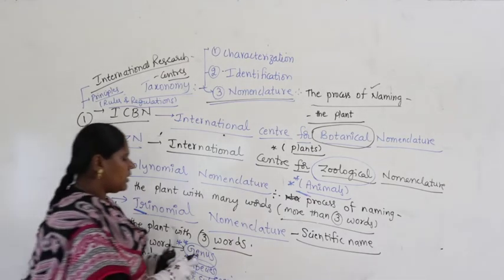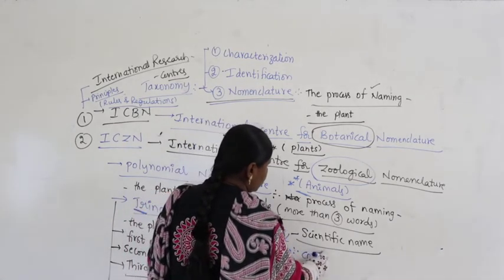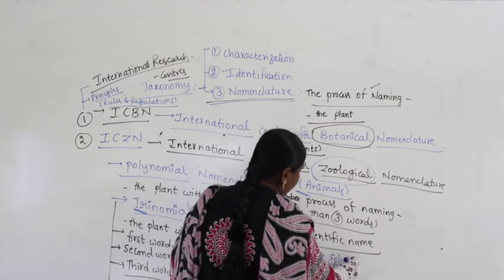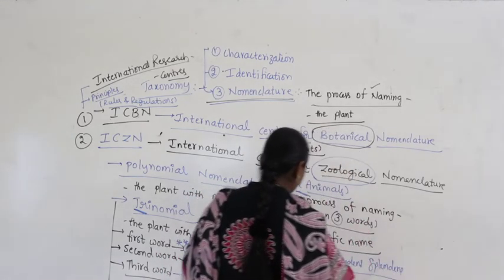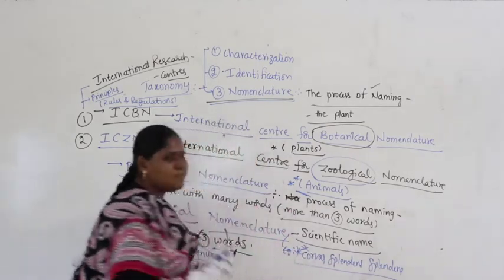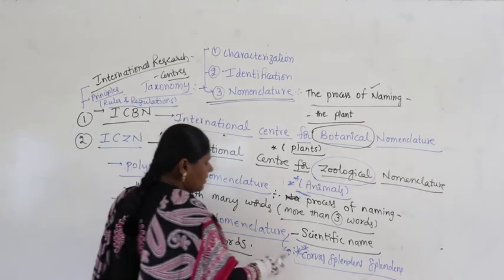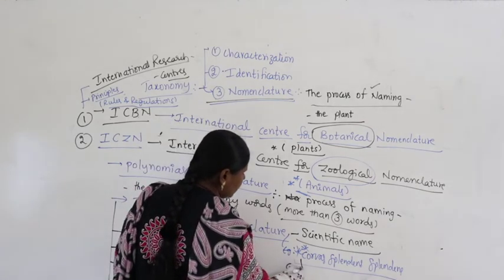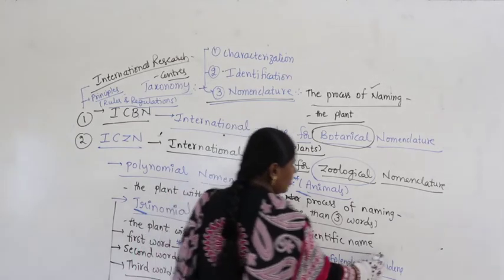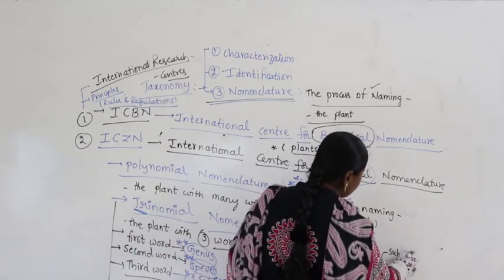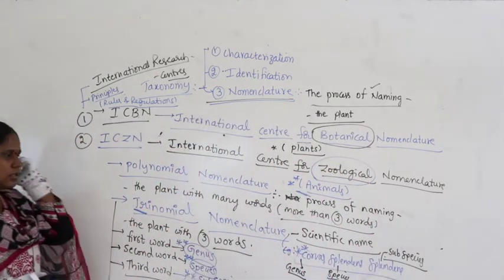For example, you can take Corvus splendens. So what is this Corvus splendens? Corvus splendens, this is nothing but genus, first word. The second word is nothing but the species name, and the third word is nothing but a subspecies. Okay, so this is called what?